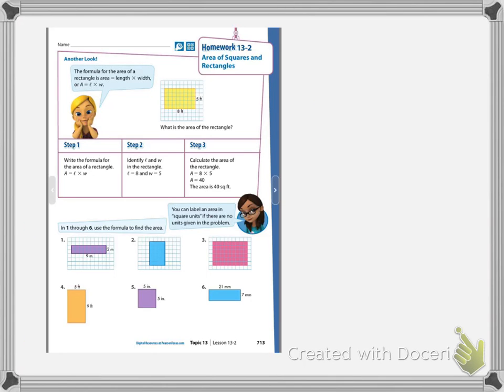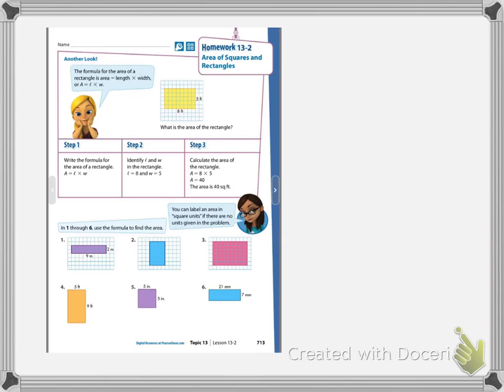So, your homework is going to be these 6 problems right here. And, again, if you don't have the worksheet, don't fret. Don't get all excited and get all worried about it. Just pause the video and write them down. Now, you may have to stop and look. If you look here, like number 1, they've given you the lengths and the widths.